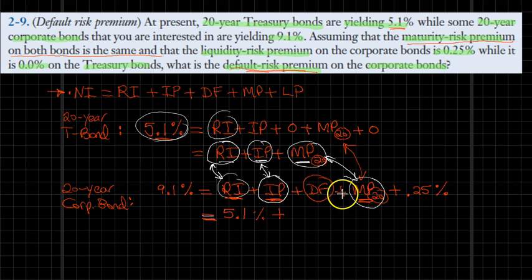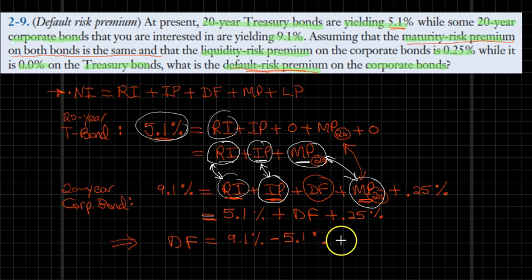All that is left on the right-hand side is the default risk premium and the remaining 0.25%. So moving things around and solving this equation, we realize that the default risk premium is simply equal to 9.1% minus 5.1% minus 0.25%.